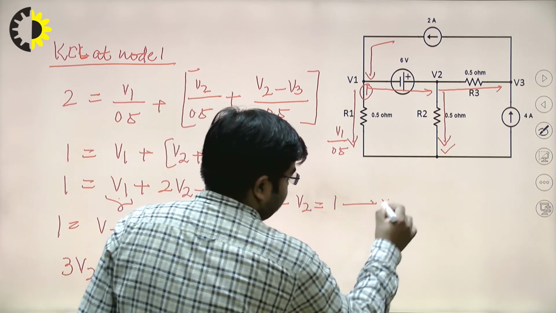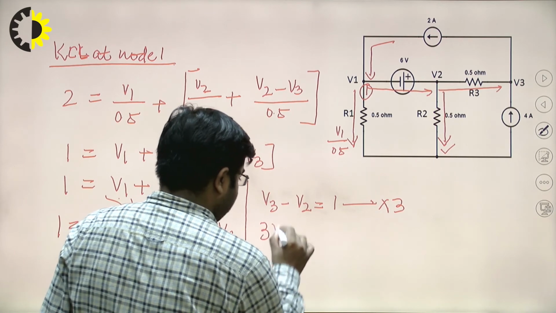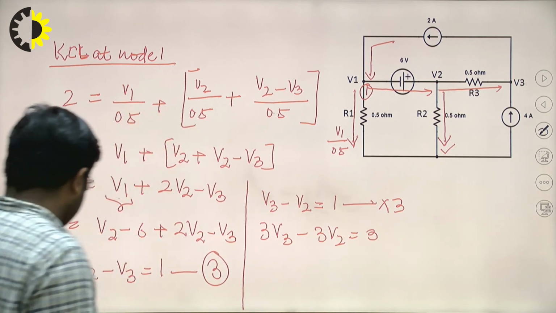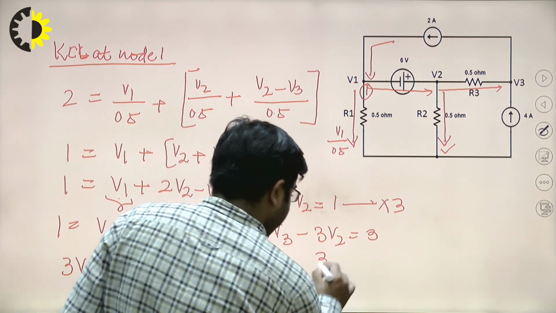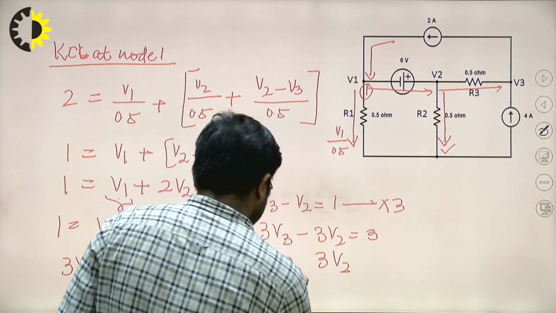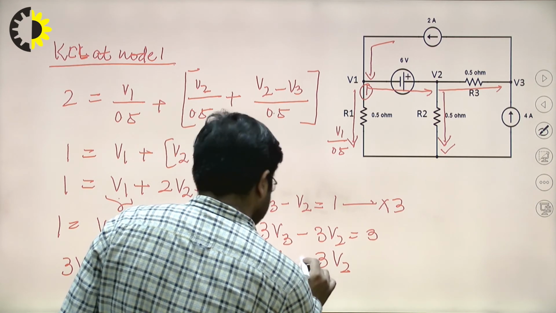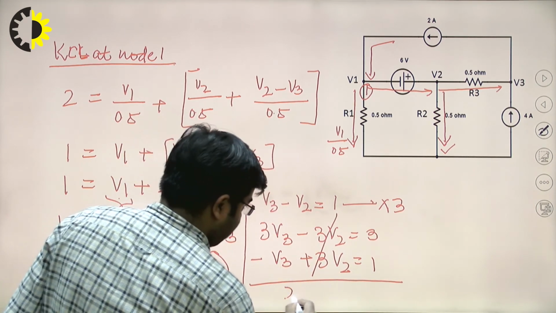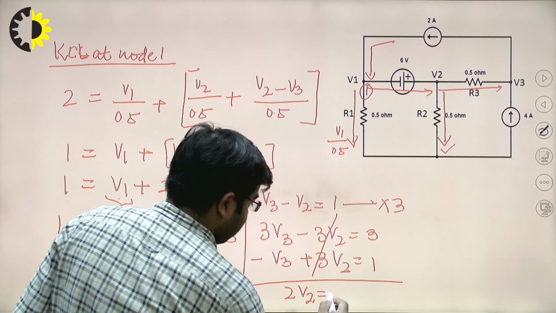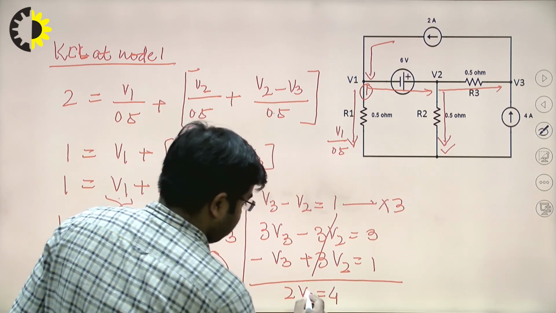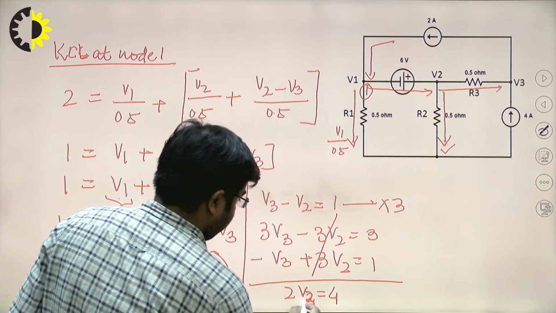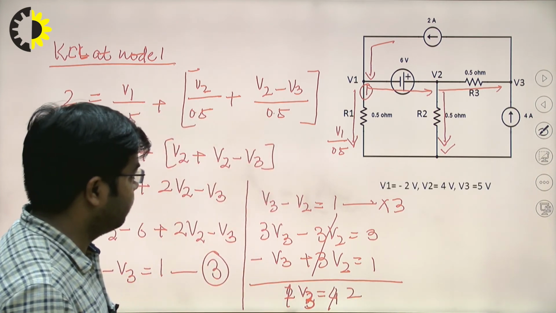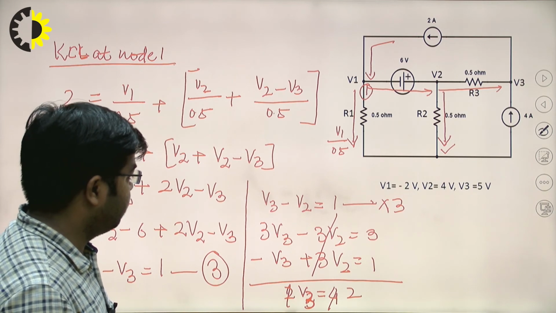You will get 3V3 minus 3V2 equals 3. Now you have 3V2 minus V3 equals 7. Solve this equation.